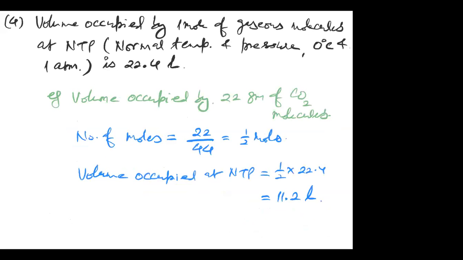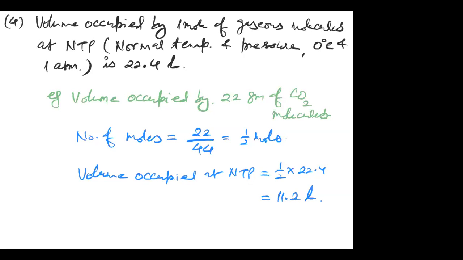The last point we have discussed now is the volume occupied by 1 mole of gaseous molecule at NTP. NTP means normal temperature and pressure, which is 0 degrees Celsius and 1 atmosphere, is 22.4 liter. For the volume occupied by 22 gram of CO2 molecule, if we have to do this type of question, you have to convert mass into moles first.